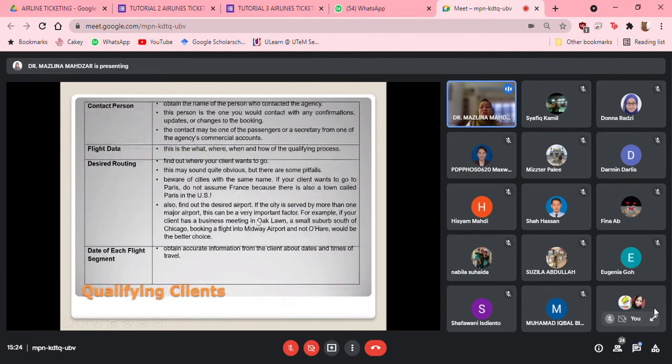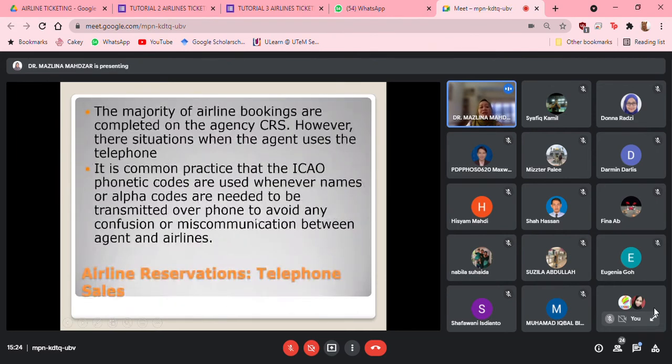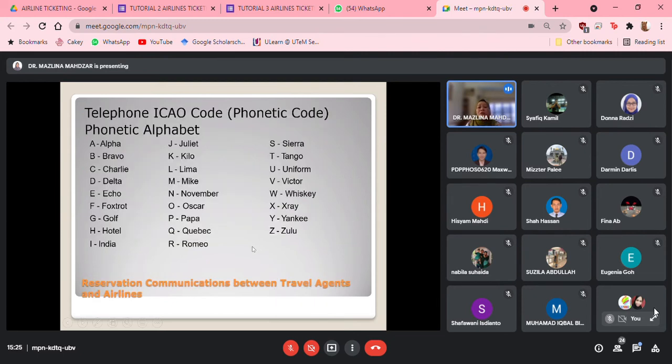Dan juga tadi you dah belajar jika melalui telefon, communication between the airline and travel agents, how to transmit the ejaan nama correctly using the ICAO code or phonetic code, the A to Z ni kan, menggunakan kod ini to avoid misspell of names.